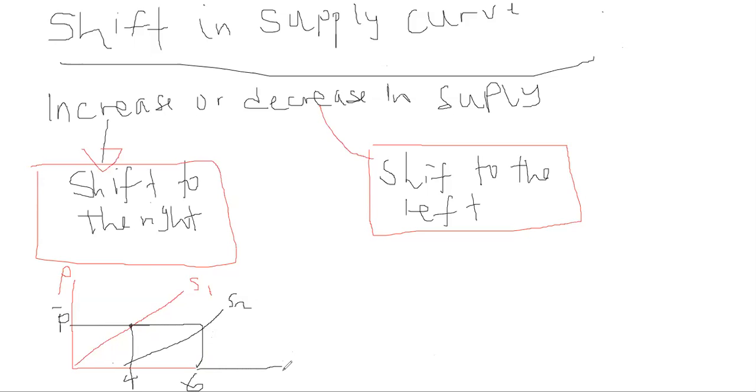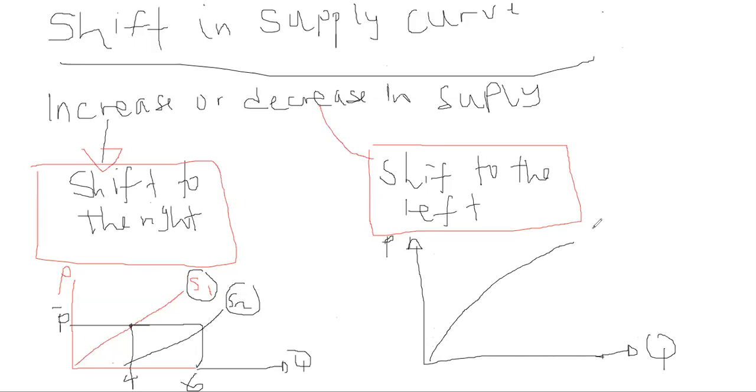So we have our price on the vertical, and on the horizontal we have quantity. We see that the supply curve shifts from S1 to S2. A shift to the left, or decrease in supply, we can represent as this. Let's say we have our initial supply curve, S1. Let's give a numerical value to the price.